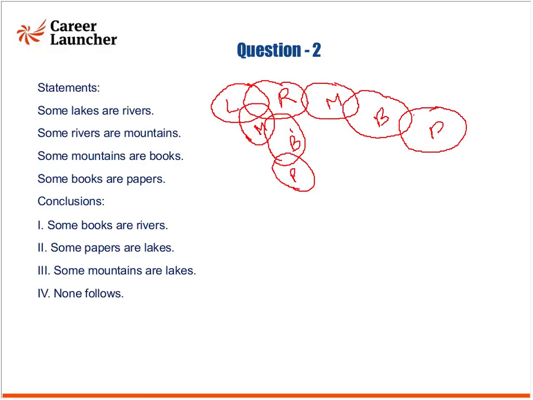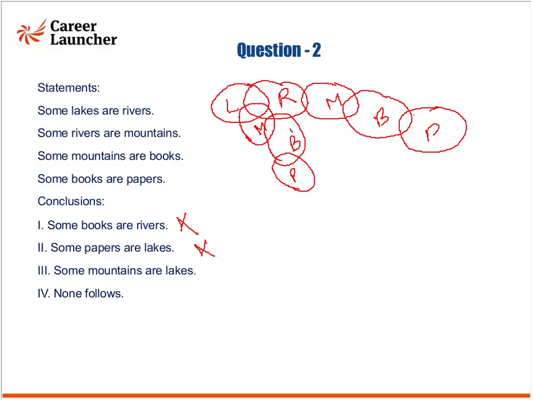Okay, now let's see what our conclusion says. Some books are rivers. Here we have some books are rivers, but here with books we can see that books are not rivers, so this does not follow. So as I told you, if even in one case we can see that the conclusion is not following, we'll cross it out. Some papers are lakes. No, it doesn't follow. Some mountains are lakes.